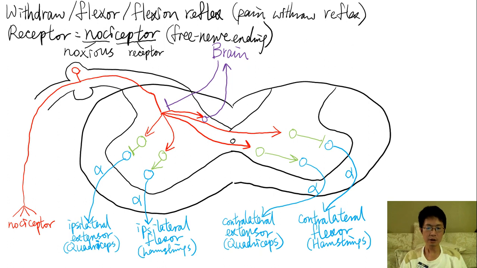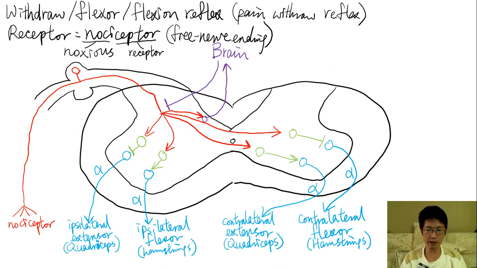Let's take a look. When you step on the nail, the nociceptor sends an action potential to here. You'll activate the excitatory interneuron here, so that an action potential will be triggered in this excitatory interneuron. Then glutamate will be released at this excitatory synapse.